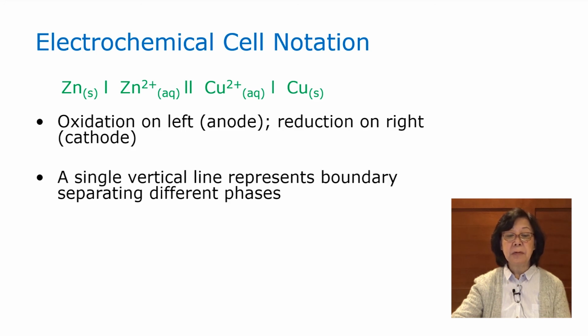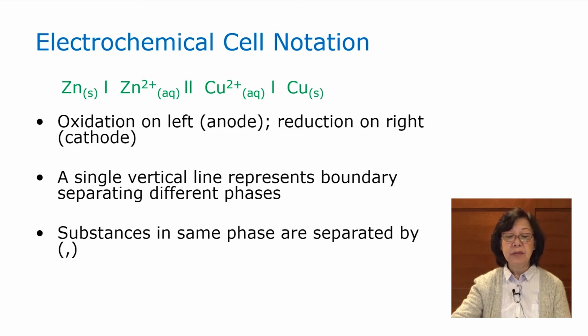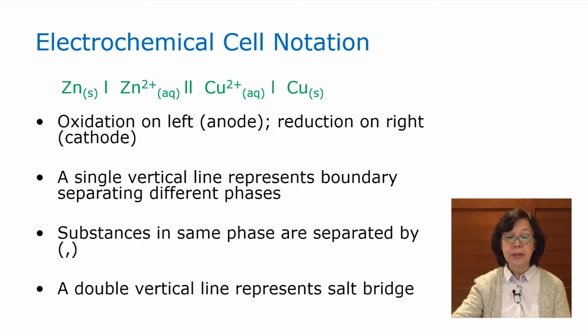Notice there's a single vertical line separating zinc metal from zinc ion. That's for phase separation, a boundary for phase separation. And if the substances are in the same phase, we separate them by a comma. The double line in the middle represents the salt bridge.